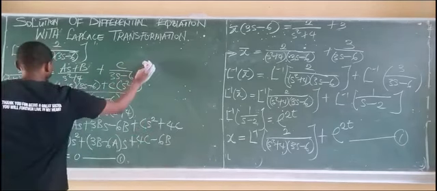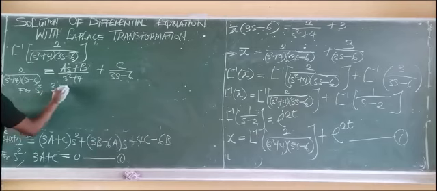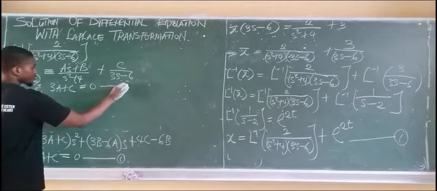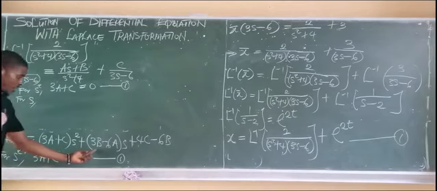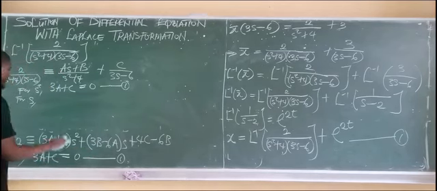So let me pull it up here. For s squared, we have 3a plus c equal to 0. This is equation 1. Similarly, for s, on the left hand side, the coefficient is also 0. Meanwhile, we have 3b minus 6a on the right hand side.